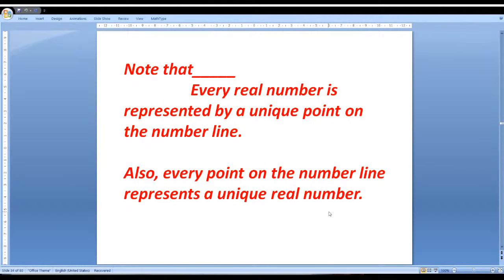Note that every real number is represented by a unique point on the number line. Vice versa, every point on the number line represents a unique real number.